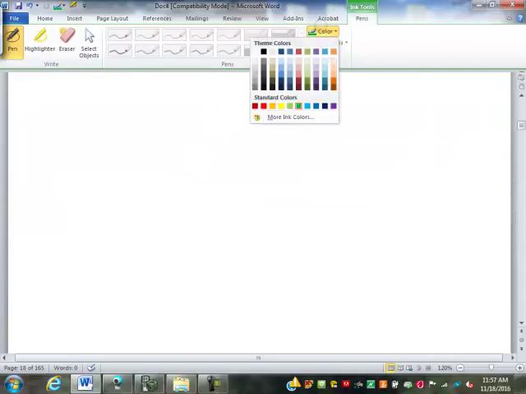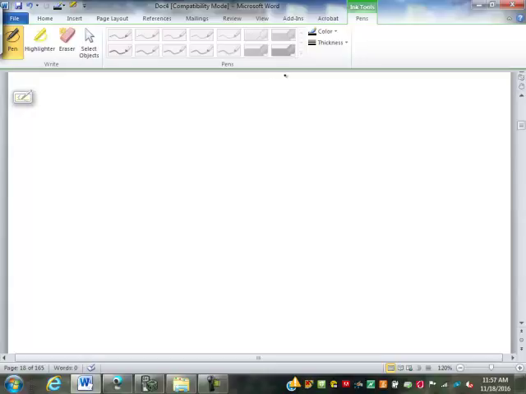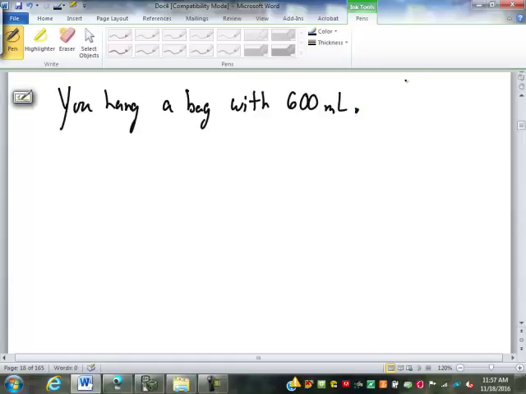Okay, so from last week, a couple of things to review before we wrap it up here. So let's say you hang a bag with 600 milliliters of fluid, just with 600 milliliters.